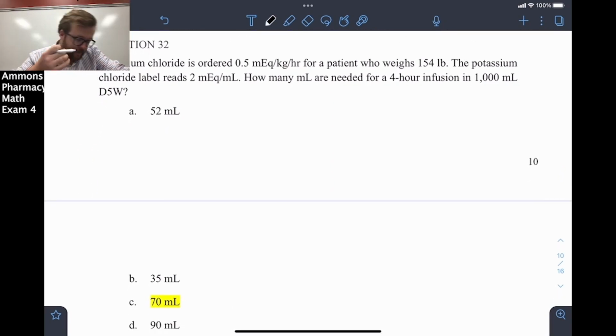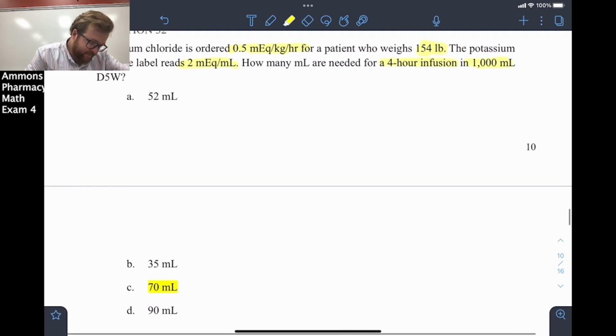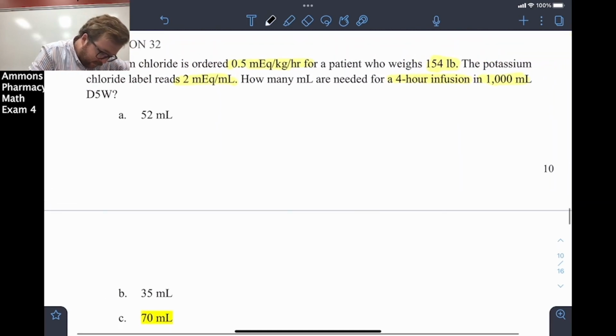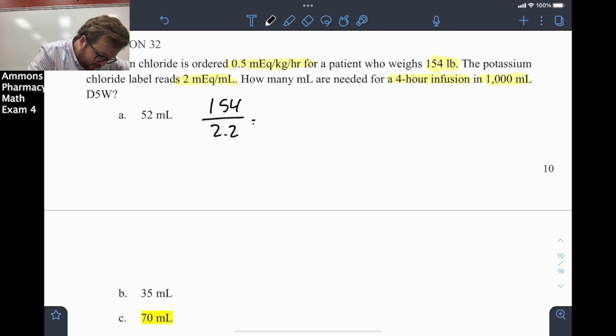All right, so let's wrap it up. Potassium chloride ordered 0.5 milliequivalents per kilogram per hour. They weigh 154 pounds. The label, 2 milliequivalents per mil. How many mils are needed for 4 hours in 1,000 mils? Okay. Since it's weight-based, go ahead and do the patient's weight in kilos.